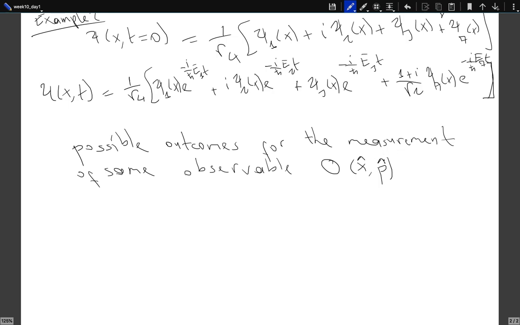So suppose there's something you would like to measure. Let's just show it by O. The possible outcomes are determined by this equation. Here lambda are the possible outcomes.